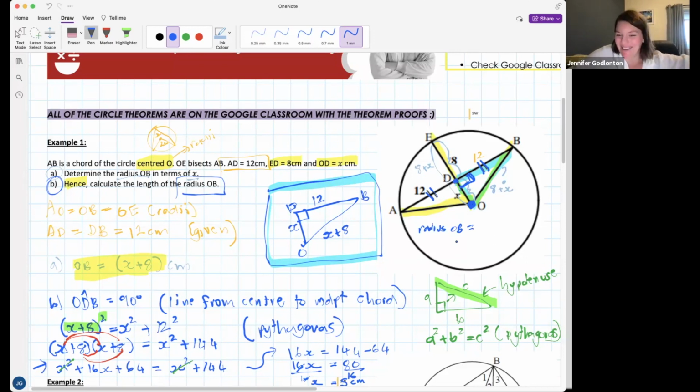Ah, there we go. Now we've got some answers. Okay. Radius OB is equal to x plus 8 or 8 plus x. We now know that x is 5. So 8 plus 5. And so my final answer is going to be 13 centimeters.